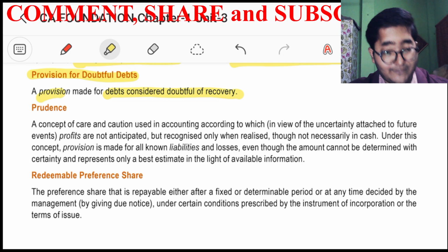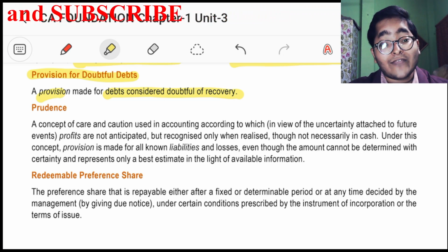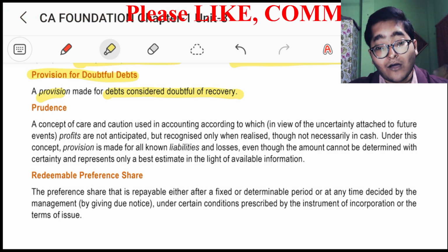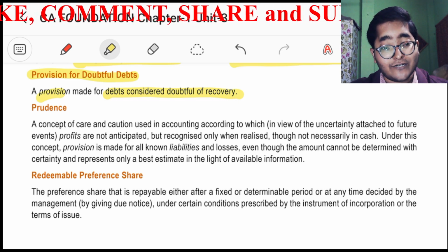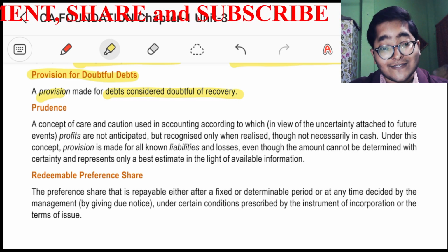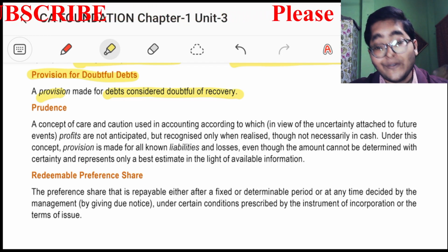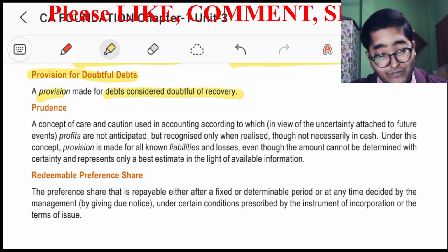So what is prudence? Prudence is an accounting concept of care and caution used in accounting, according to which, in view of the uncertainty attached to future events, profits are not anticipated but recognized only when realized, though not necessarily in cash.